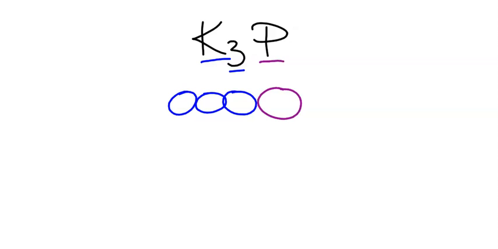Last one, K3P. All right, so K3P. So that means I got to draw 3 Ks, and we only have one P here, so we can draw one of those guys there. All right. Now we know the name here is phosphide. It's our nonmetal, and -3, and you can find that -3 in the big periodic table we made last week that you filled in yourself, or just look at the periodic table that you've been given.